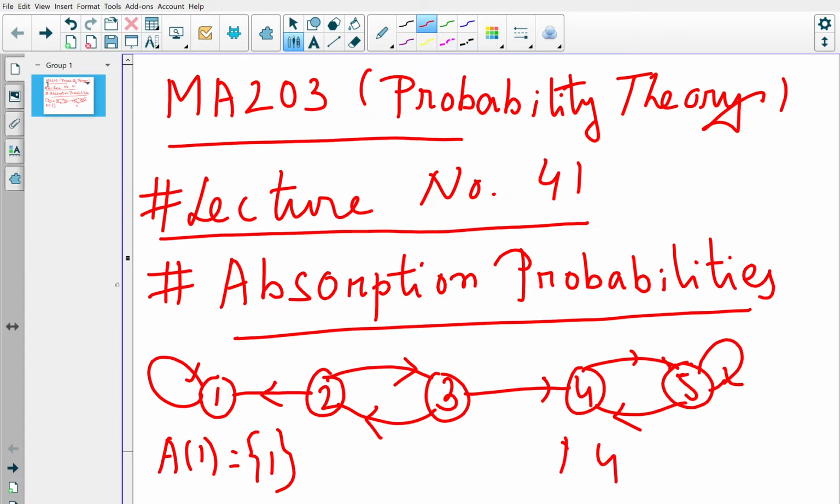Similarly, A4 and A5 form one class consisting of 4 and 5. And 2 and 3 are transient states.